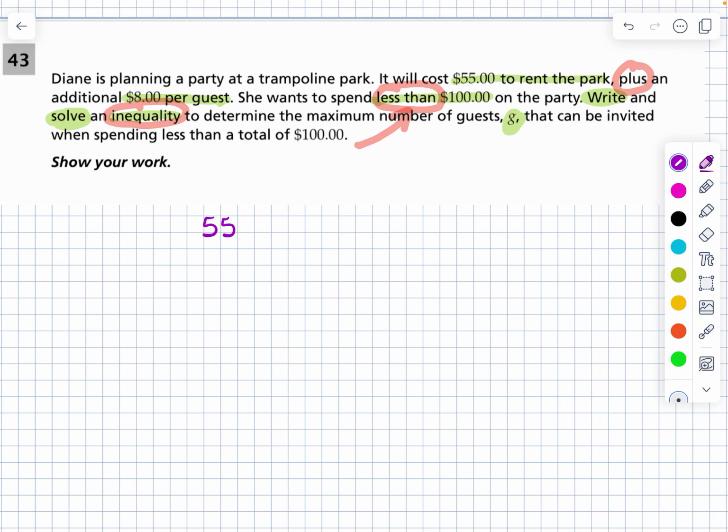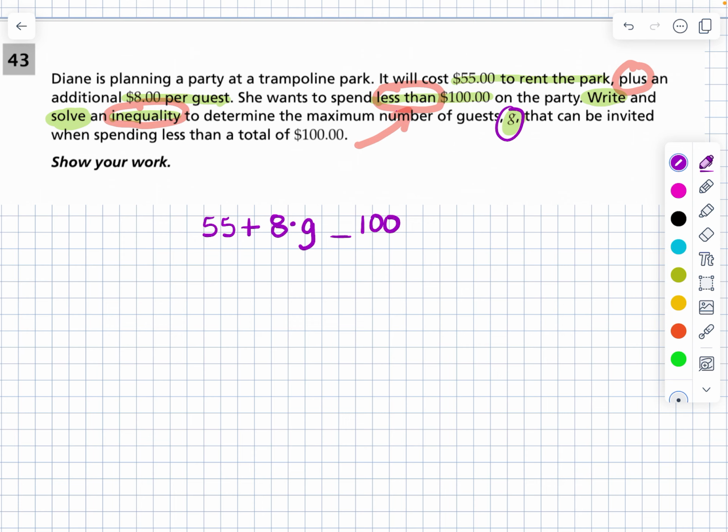Plus, so I'm going to do an addition sign here, plus an additional $8 per guest. So I know it's going to be $8, and they're telling us that G represents the number of guests, so I can say 8 times G. And then she wants to spend less than $100, so all of this added together needs to be less than $100.